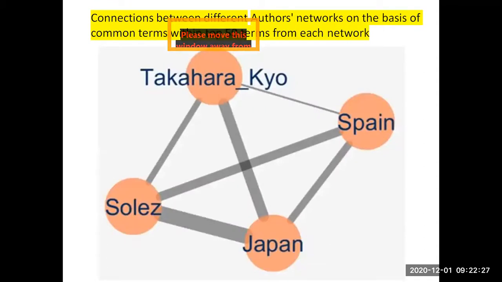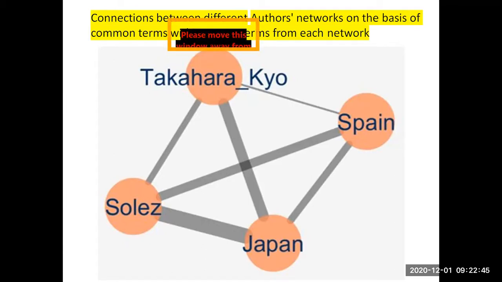Now I can use this proportionality of the common terms between the different network groups and draw another graph. This is like a meta graph, if you will, between the different authors' networks.